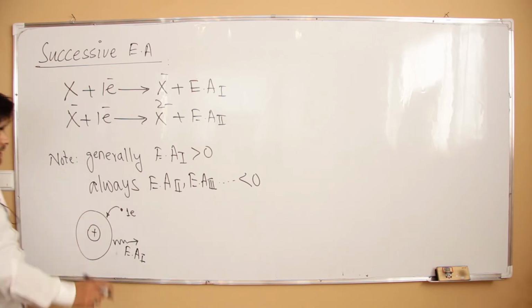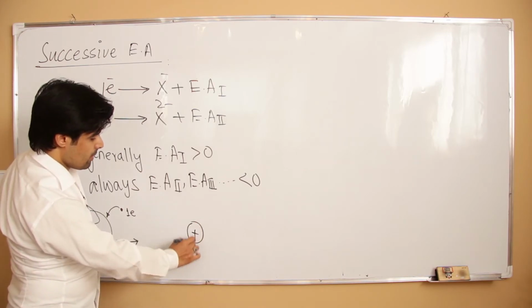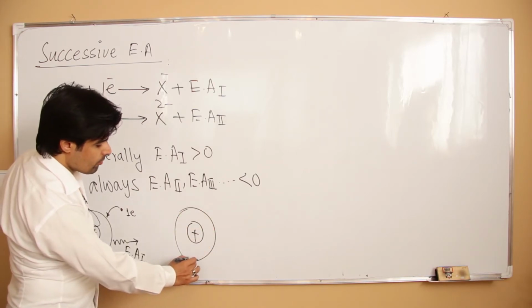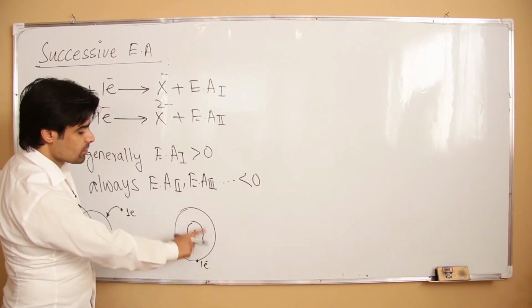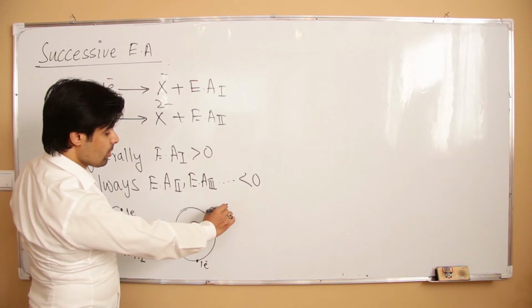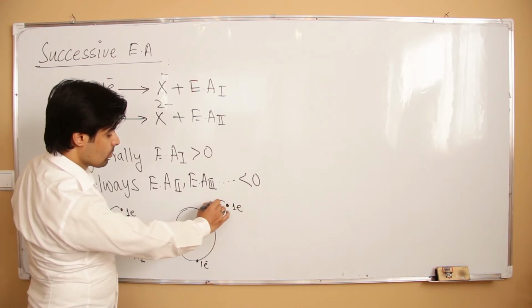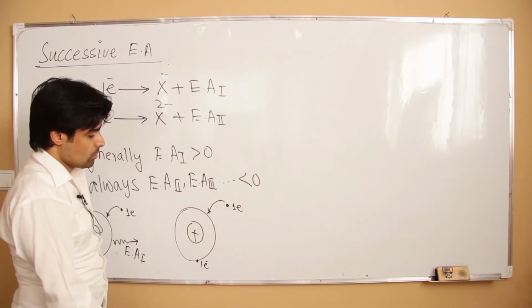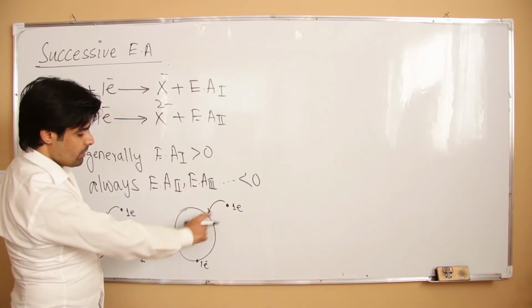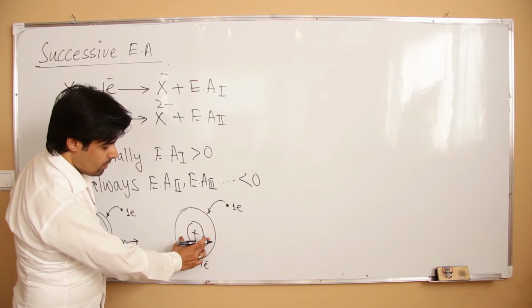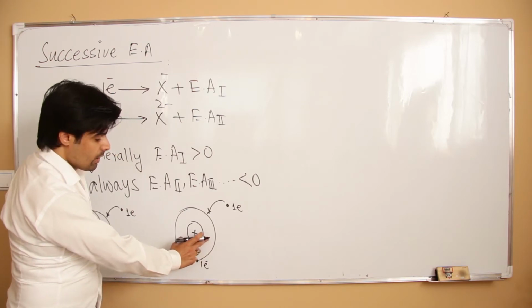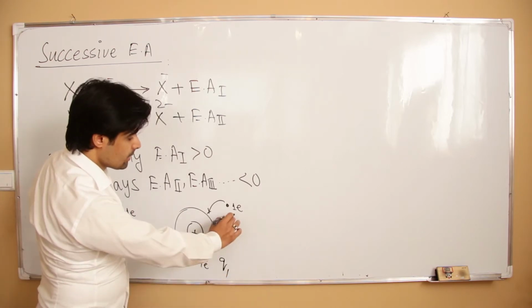Now we have X negative. It means this atom already has one extra electron in its shell. Now you are bringing one more electron close to this atom. From Coulomb's law, this is an ion, Q1, and this is Q2.